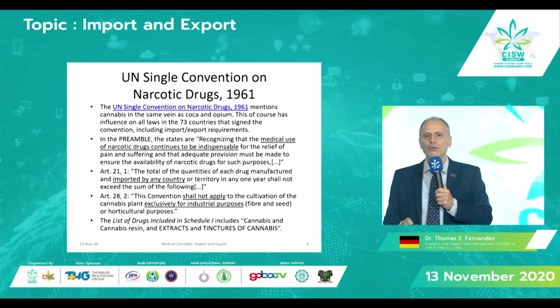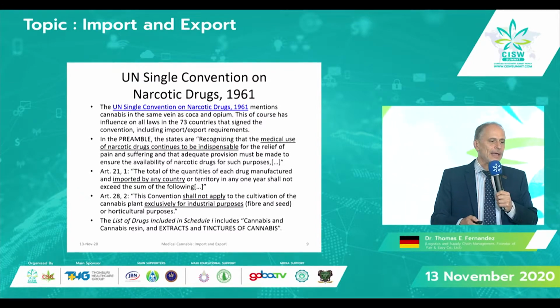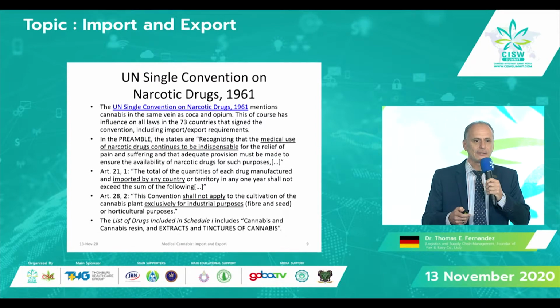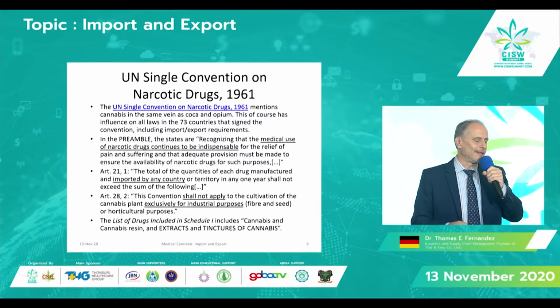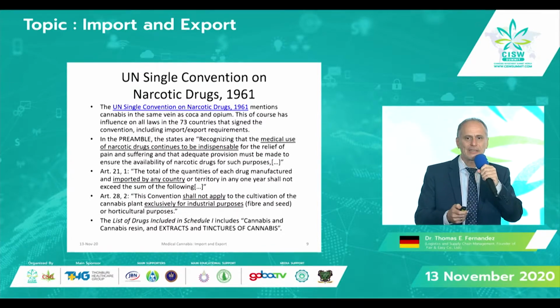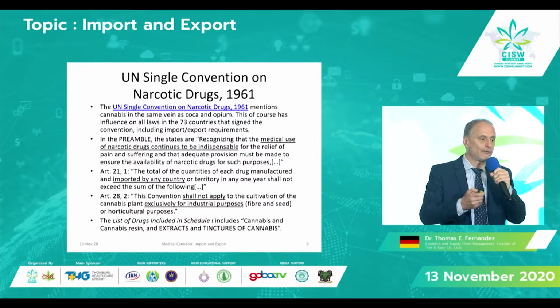Now we all know that the situation has changed, and now we have to see how much this is affecting our import and export. So cannabis is listed in the list of drugs together with, for example, cocaine.